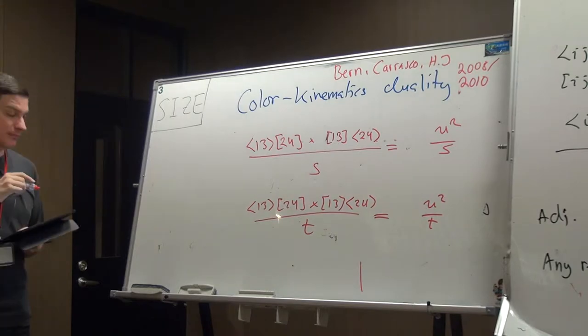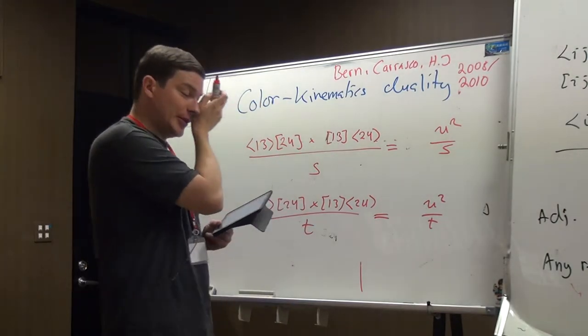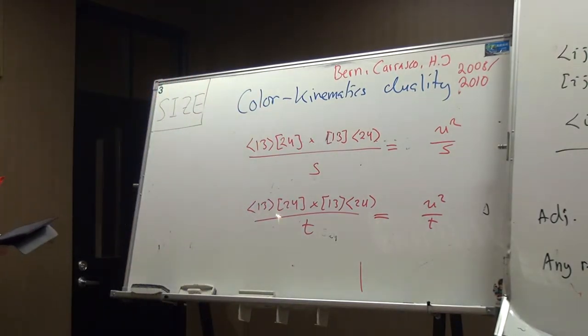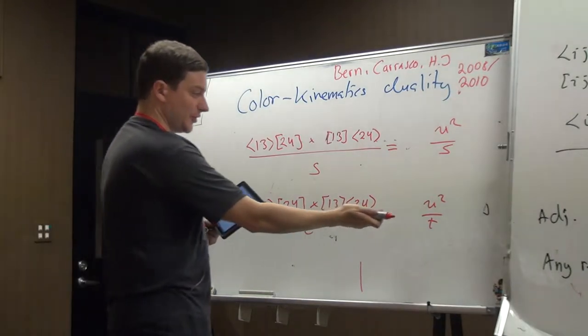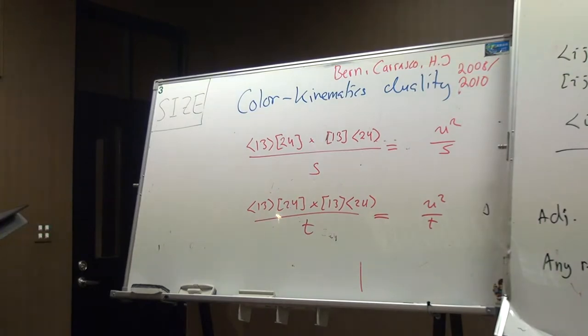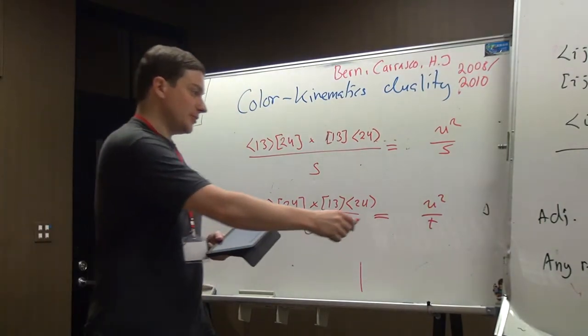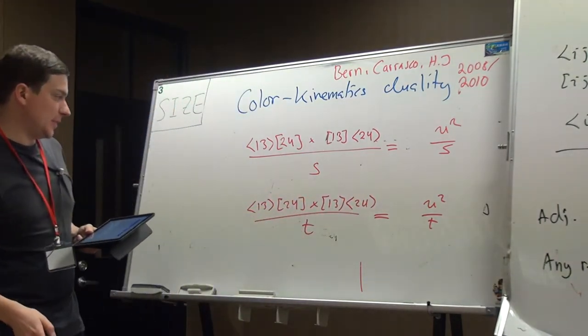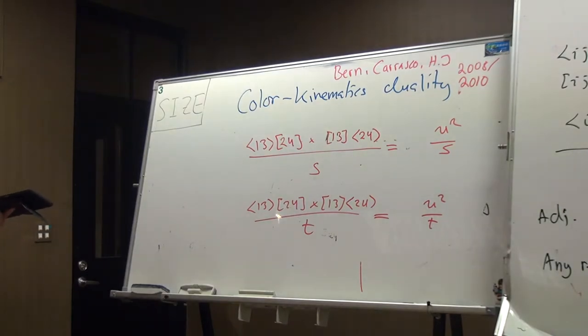So, well, maybe you can guess what sort of amplitude it is just from the structure. This is a scalar amplitude because it only has quantities which have no helicity, no little group weights.